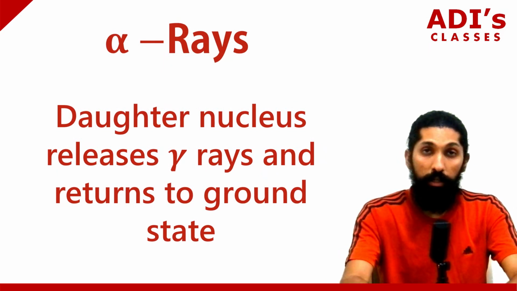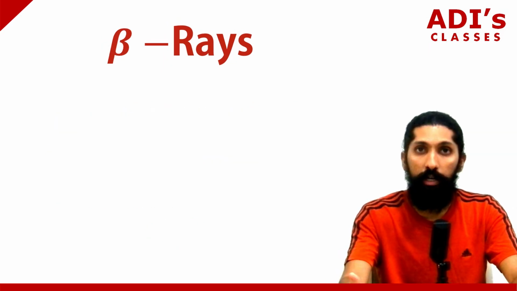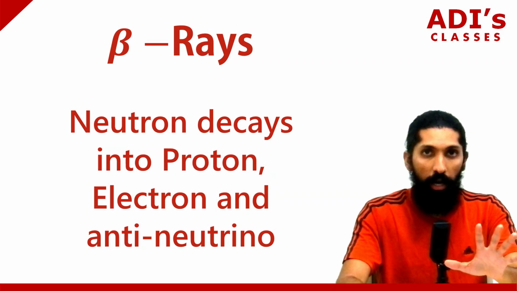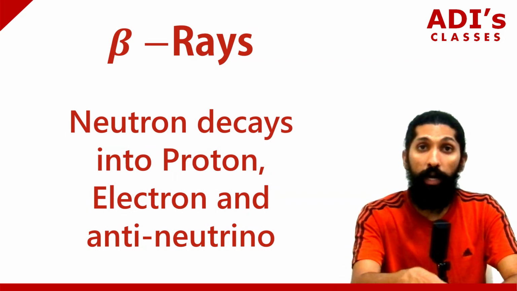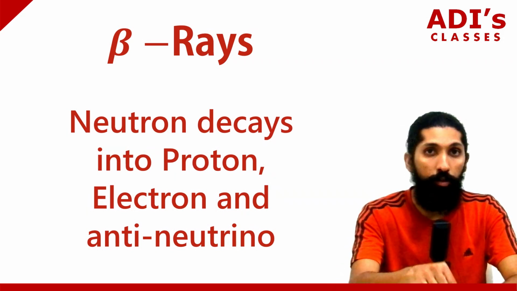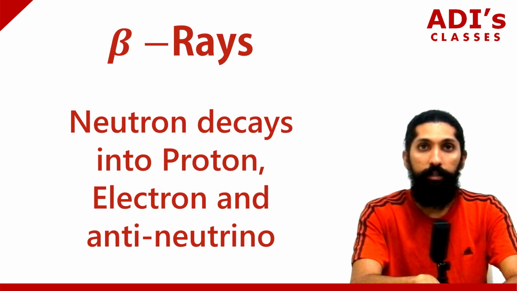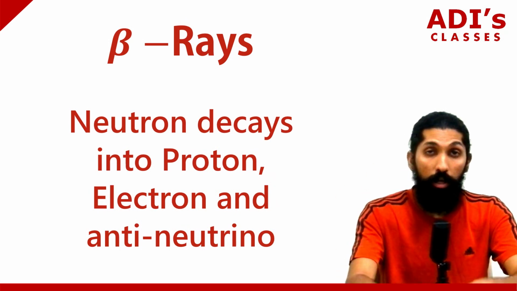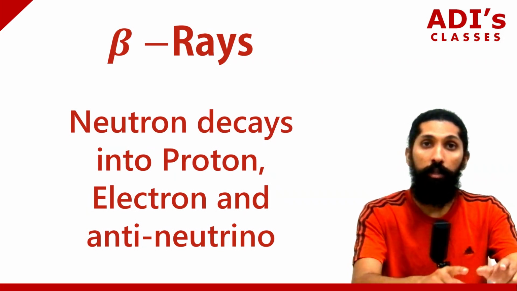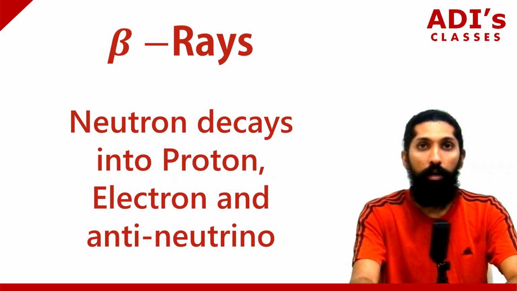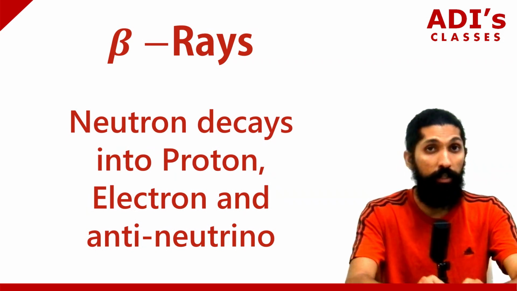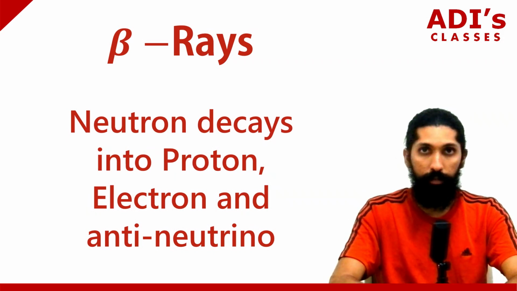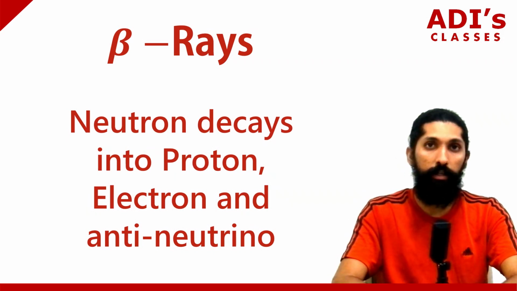Beta, what happens? In beta, it's fast moving electrons, isn't it? Why do we have electrons? The neutron disintegrates into proton, electron and energy. So in a beta decay, the mass number remains the same, whereas the atomic number increases by 1.